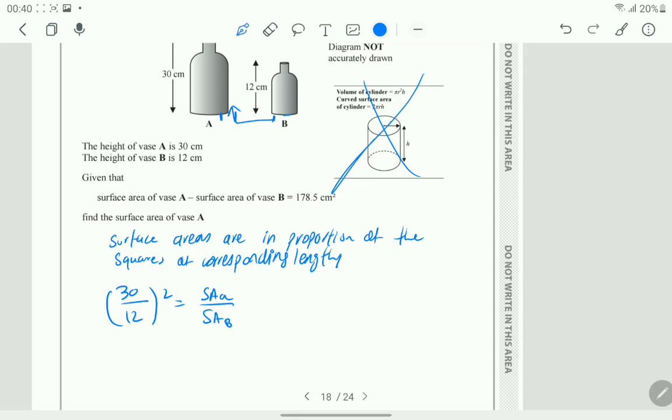So 30 over 12 whole square is approximately, let's use a calculator for this. So, well, not approximately, it is exactly 6.25.